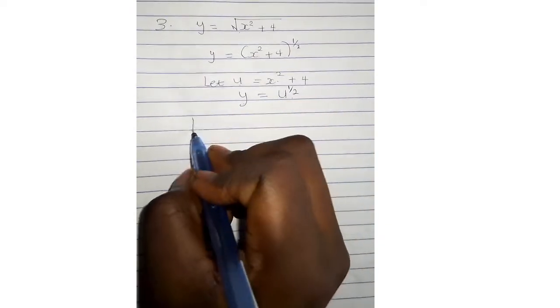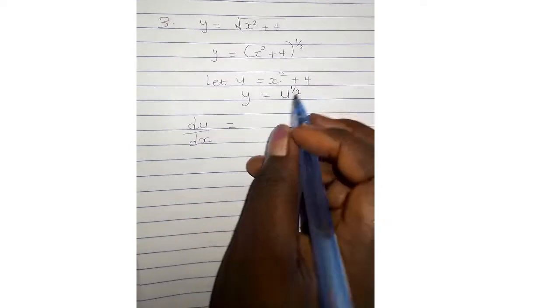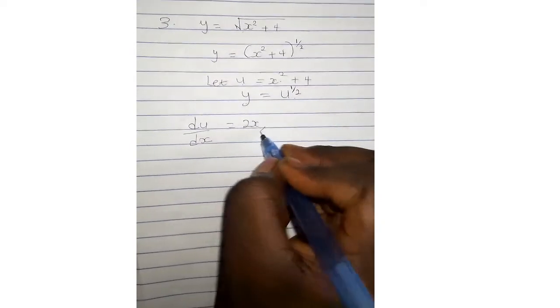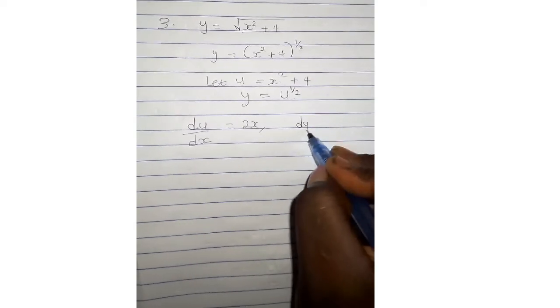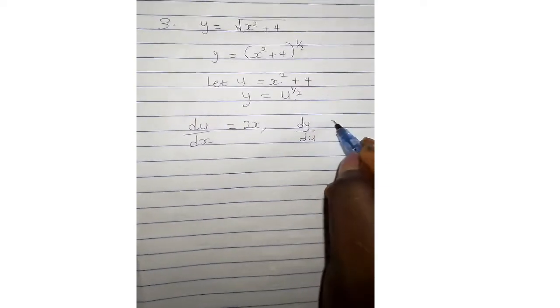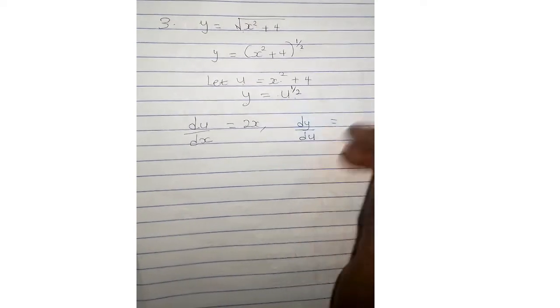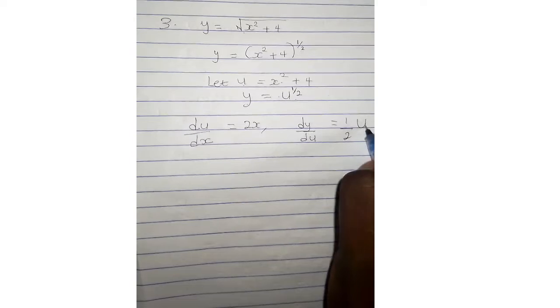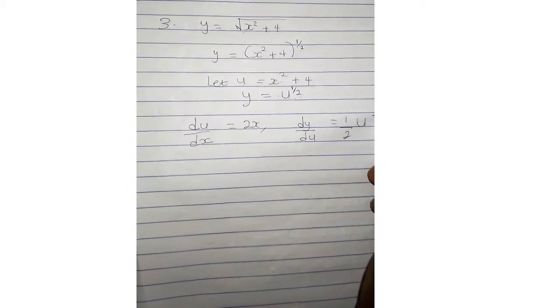So now we're going to differentiate u with respect to x and y with respect to u. So we're going to have du/dx. When you differentiate this, we're going to have 2x. So with respect to y with respect to u, which is dy/du, will be equal to half. We multiply the coefficients here, which has become half u. Then you subtract 1 from half, we're going to have minus 1/2.